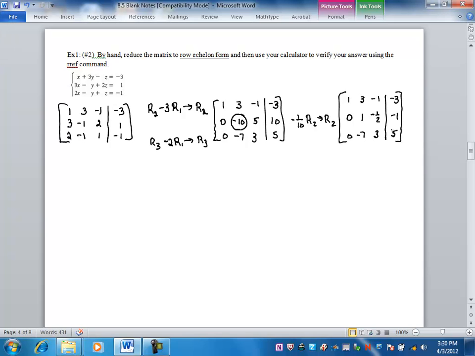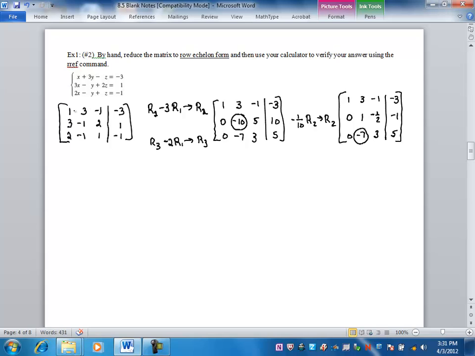And you say, well, what change is needed? Well, I need zeros below the ones in my main diagonal. And so I'm going to somehow have to turn that -7 into a 0. Notice what I'm doing. I'm circling the elements in the matrix that I'm looking to change so that I can keep track of what I'm doing.